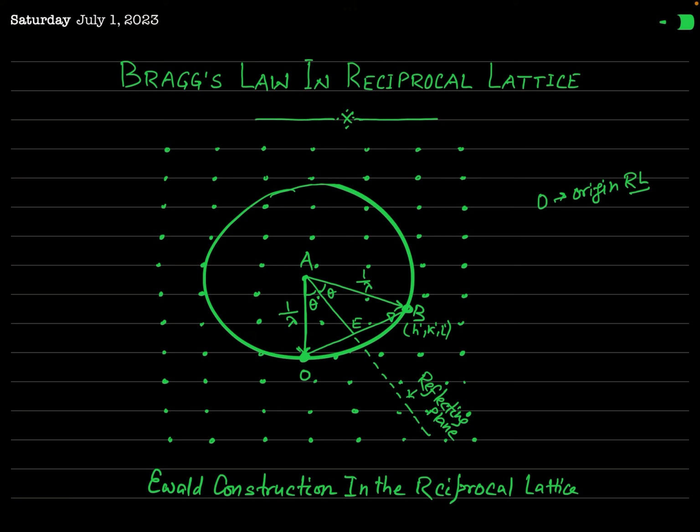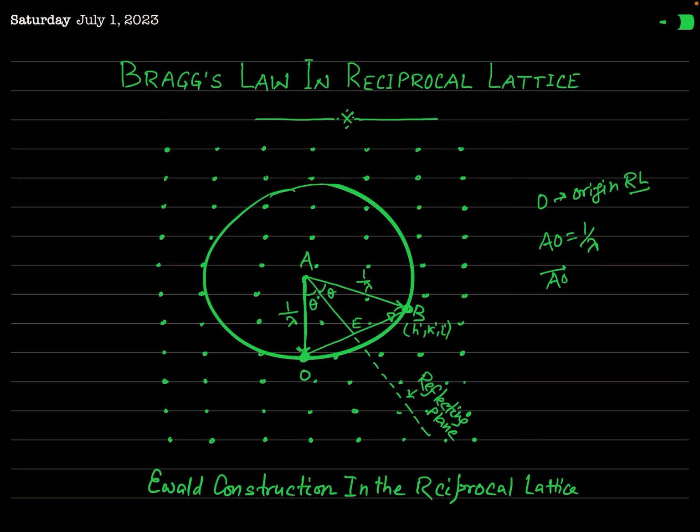Now the length of this vector, that is vector AO, where O is treated as the origin of the reciprocal lattice, let us take it equal to 1 over lambda. It means AO is equal to 1 over lambda, where lambda is the wavelength of the X-ray. And we consider the direction of this AO along the direction of the incident X-ray.